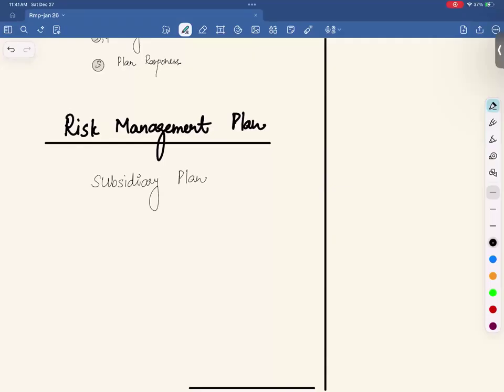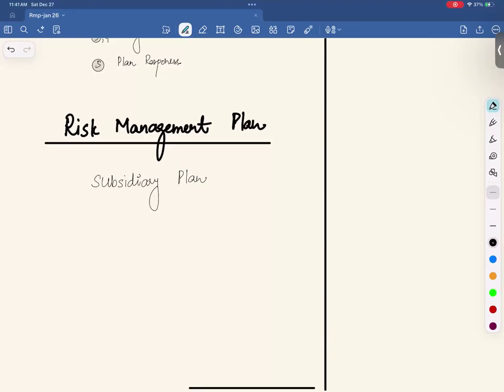So we have a master plan that is called the project management plan. And within the project management plan, we have multiple plans: scope plan, schedule plan, cost plan, communication plan, stakeholder plan, and so on. Risk management plan is one of the components of the project management plan. You understand, everybody?